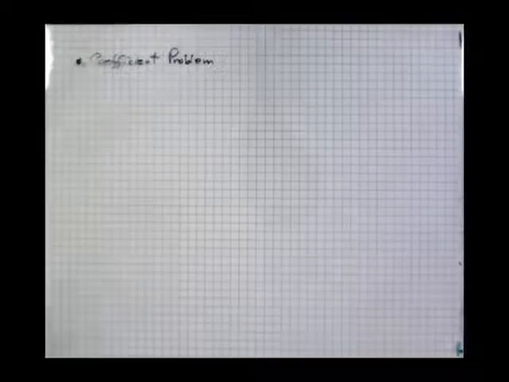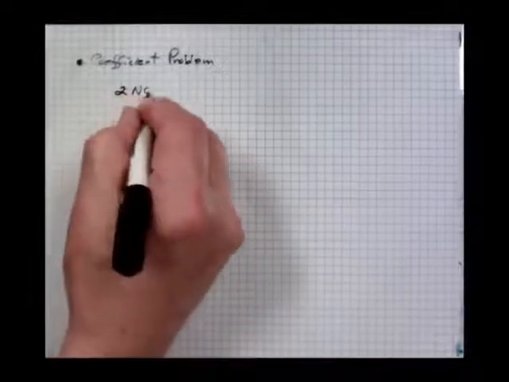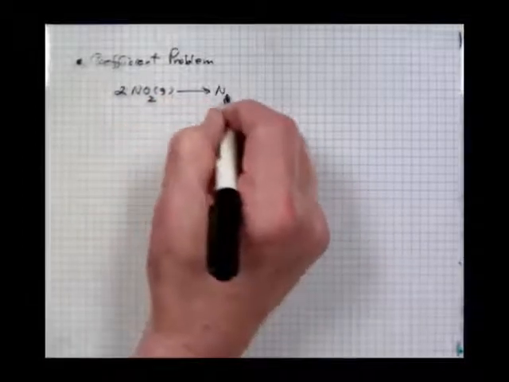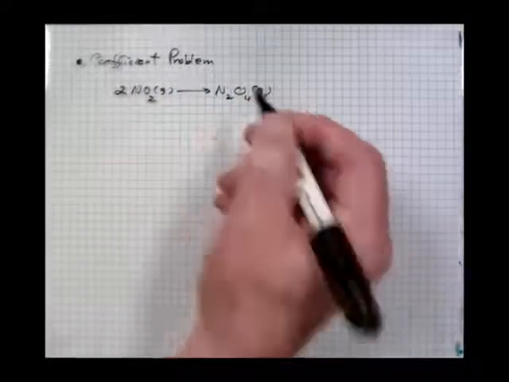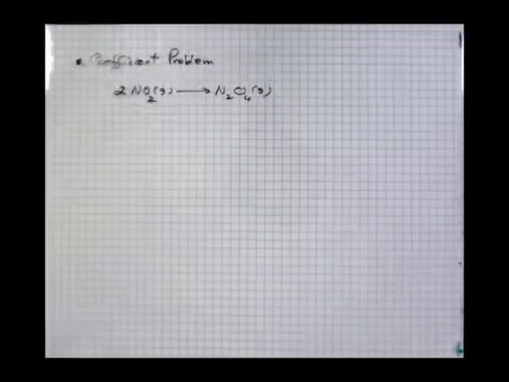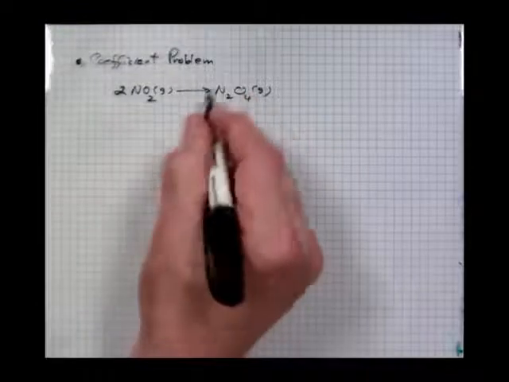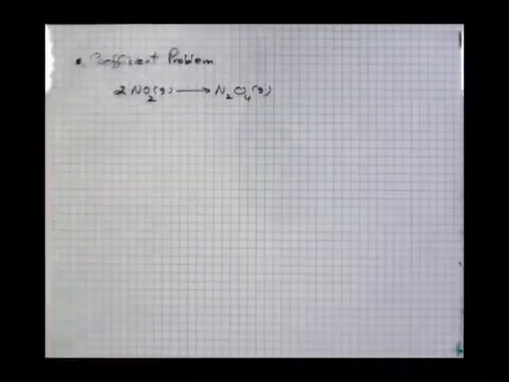Okay, so we have 2NO2 as a gas going to N2O4 as a gas, and they want to know, calculate the rate at which N2O4 is being produced in this.